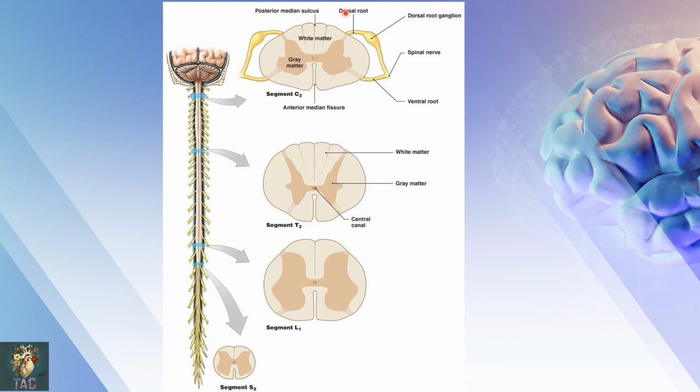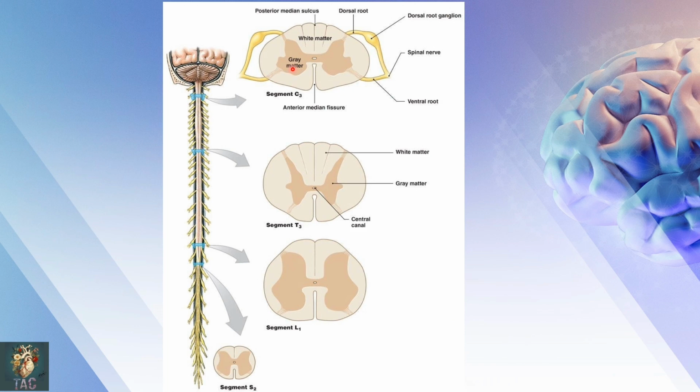So in the area of the cervical segment, the spinal cord is basically oval in shape. It has a large area of the dorsal horn as well as a larger anterior horn, which supplies the upper limb through the brachial plexus.